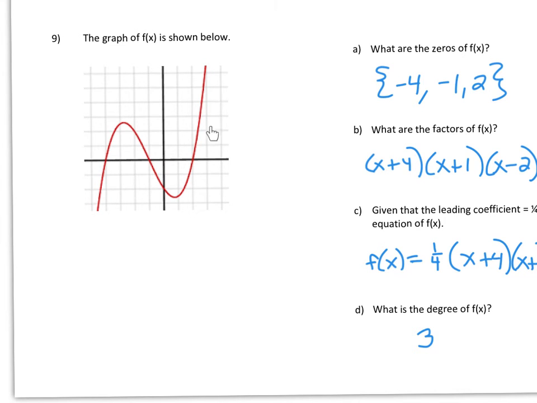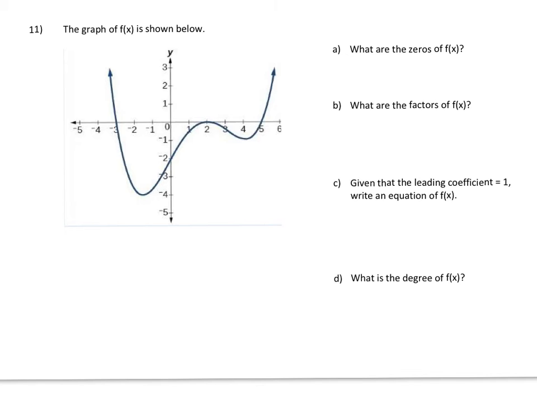Okay, so on the next page, we actually already did number 10 on the Ed puzzle, so I'm going to skip over that. But I'm going to take a look at number 11. In part A, what are the zeros? Same thing as we did on the last few questions.